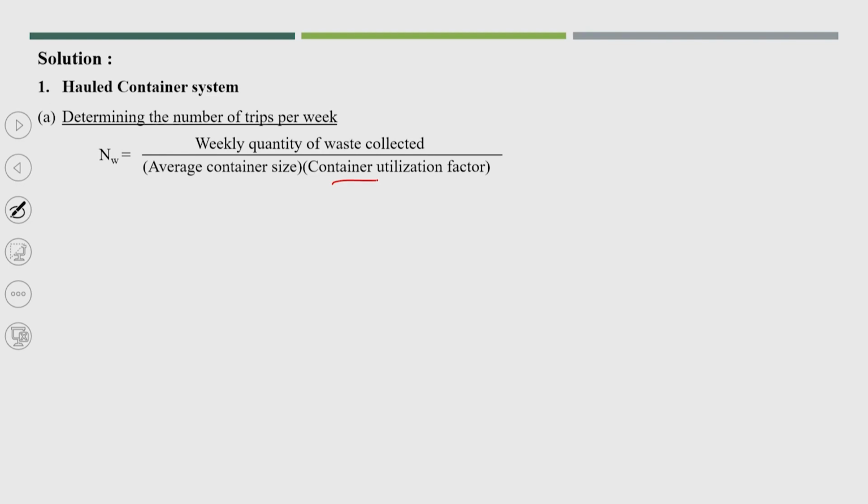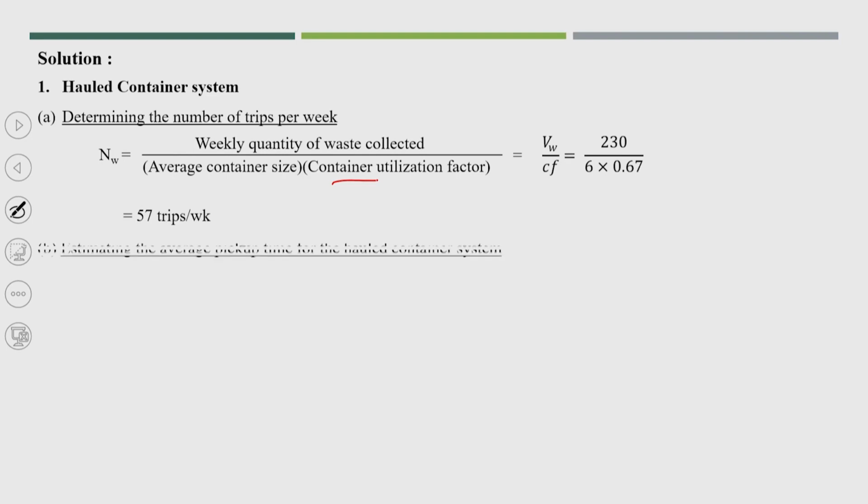By that way we can calculate how many trips will be required in a week. It is very simple to understand: weekly quantity collected divided by container size, that is VW divided by CF. So, 230 meter cube per week is the quantity given, container size is 6 meter cube per trip, times utilization factor, and that comes out to be 57 trips per week.